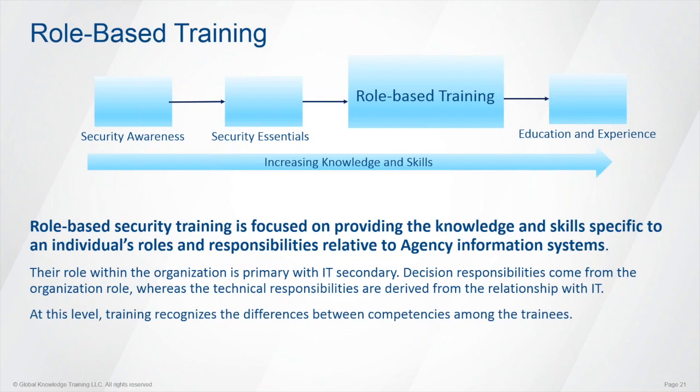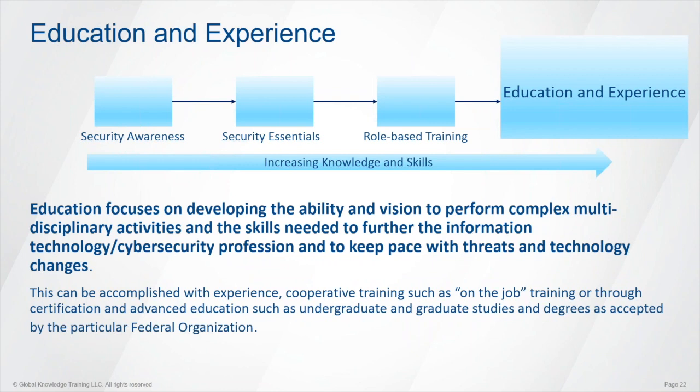Now, once they move on beyond this, we get into an area of education and experience, and this goes on forever. At this point, people have the basic skills necessary to do their cybersecurity job, and then they launch into this education and experience phase where they continue to accumulate more and more experience, more education, some more on-the-job training, and their proficiency.